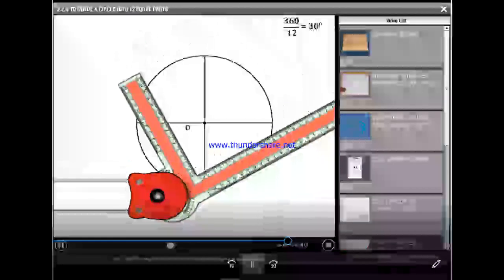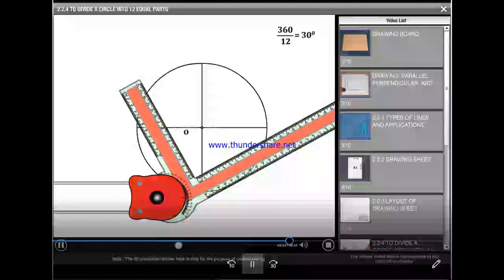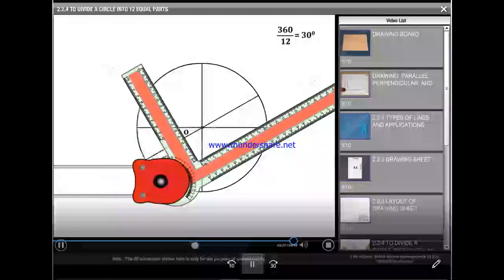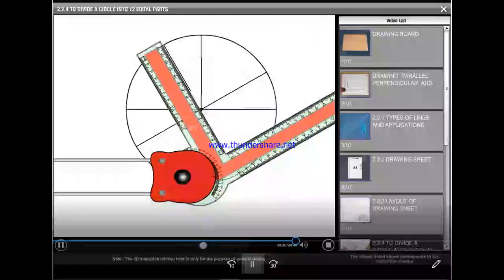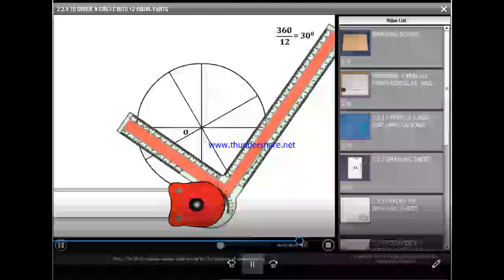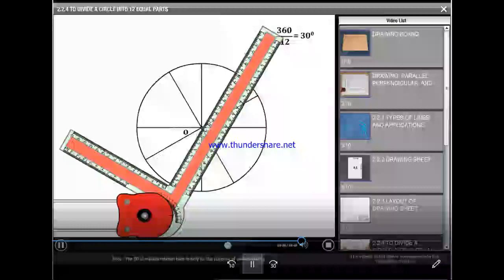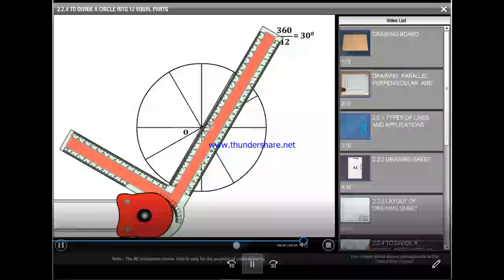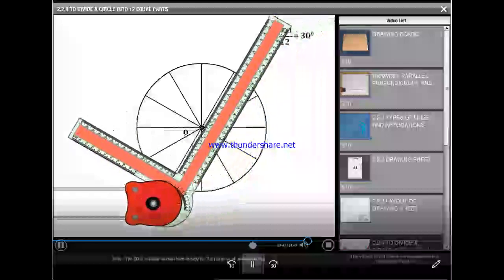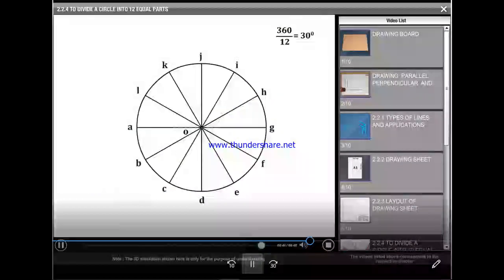Now rotate the scale through 30 degrees and again using the two scales, draw two lines passing through the center of the circle. Now further rotate the scale through 30 degrees and again draw two more lines. Now the circle is divided into 12 equal divisions.